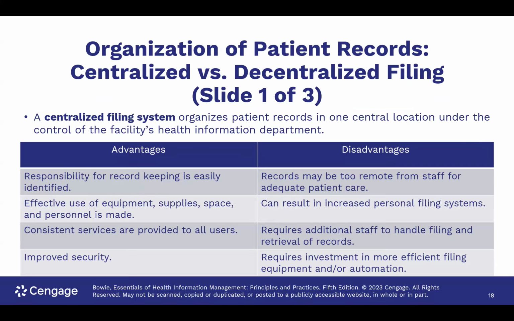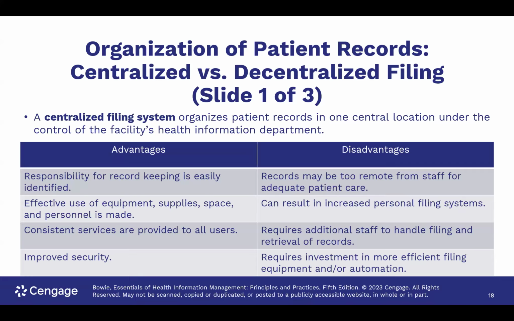So let's talk about how we actually file them. We talked about how we actually sort them. Now we're going to talk about the filing itself. In hospitals, the most popular way of doing it is to have a centralized filing system. And typically, these would be in the basement of a hospital and under the control of the health information management department.